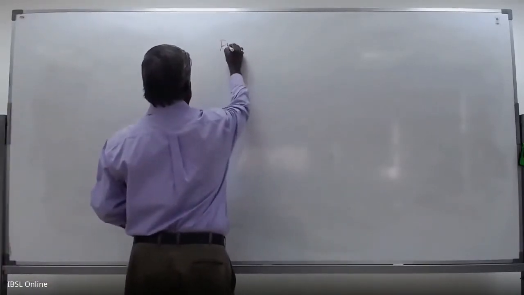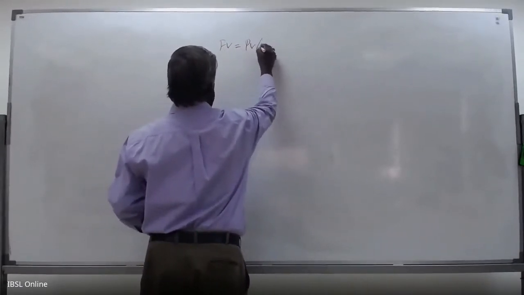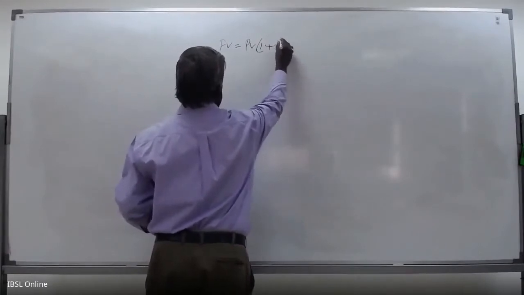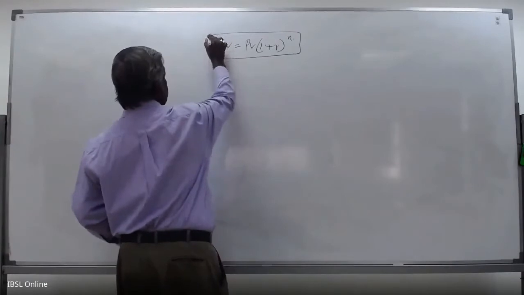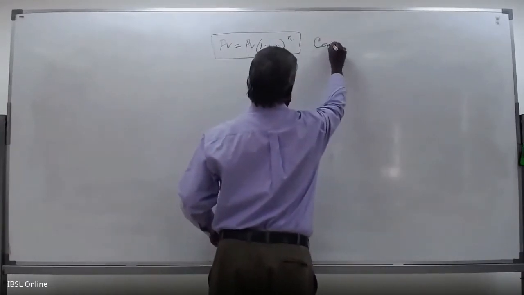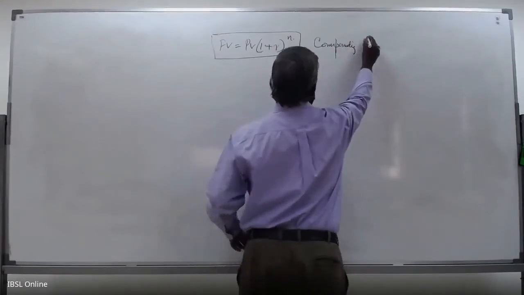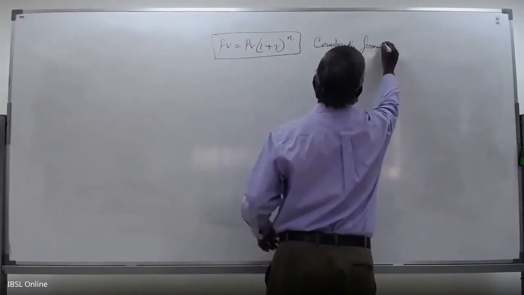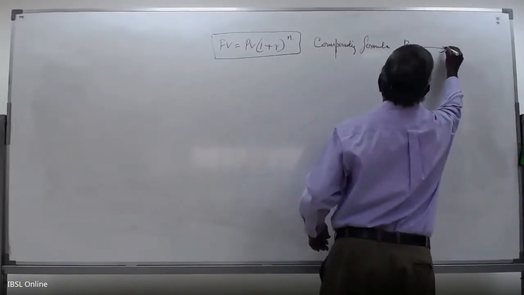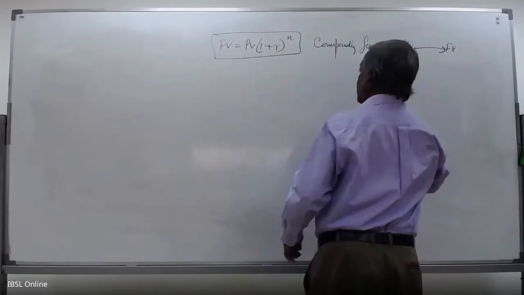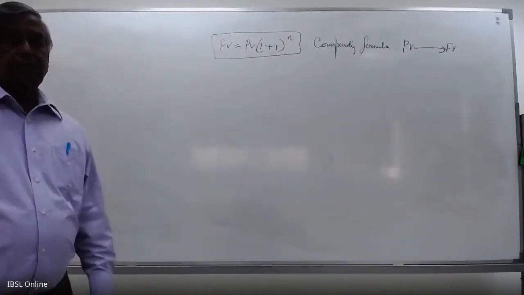FV is equal to PV into 1 plus R to the power n. This is the compounding formula, converting present value PV into future value FV. Right, so this is okay now.